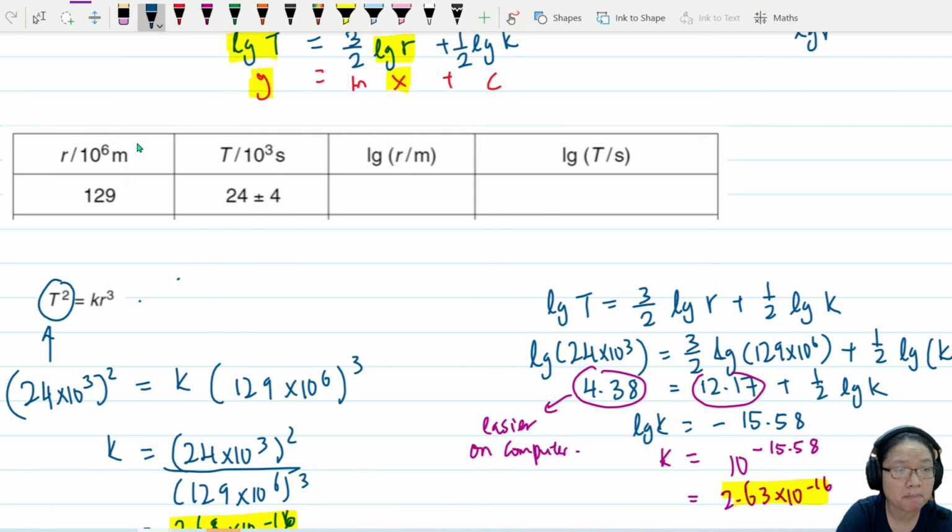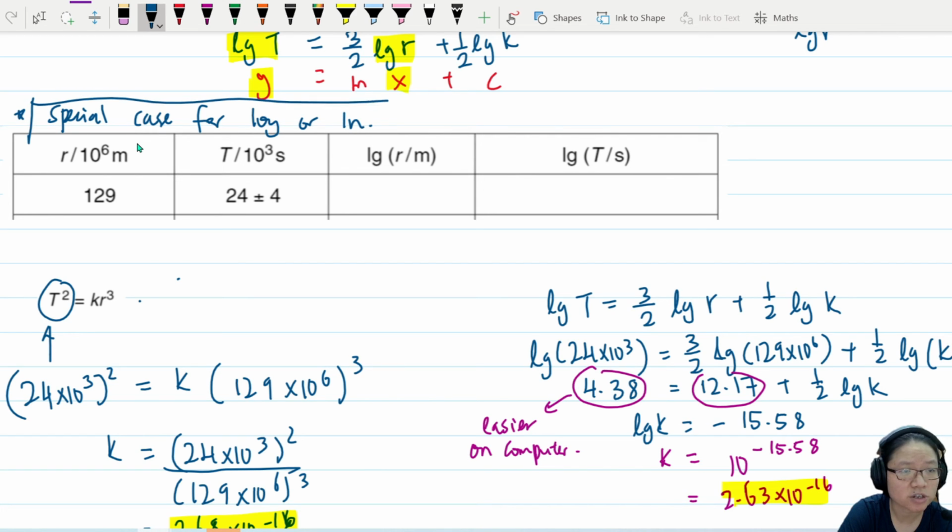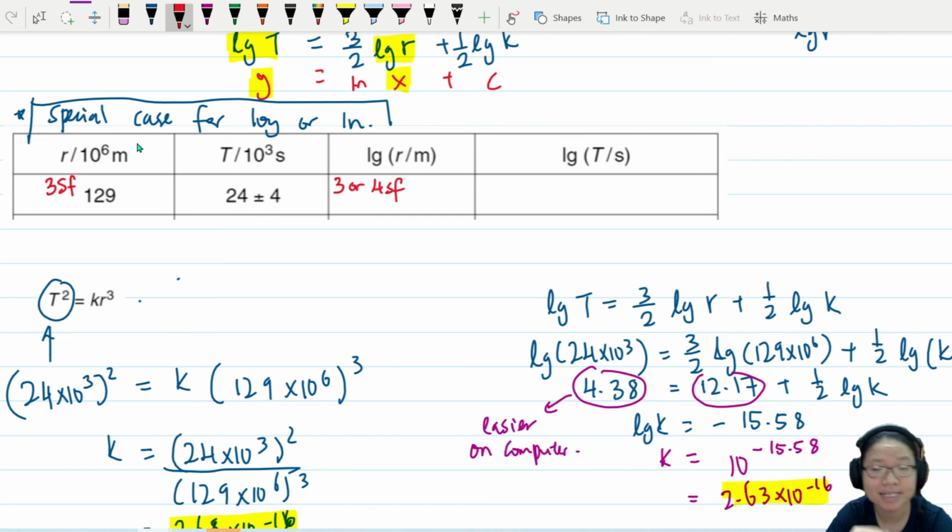But there is a special case for log or ln when it comes to SF and DP. Normally, this 129 is 3 SF, so when you go to log calculation, it should be 3 or 4 SF. That is normal, for other values.